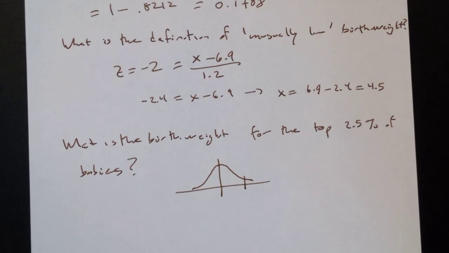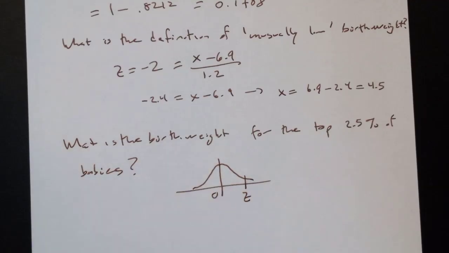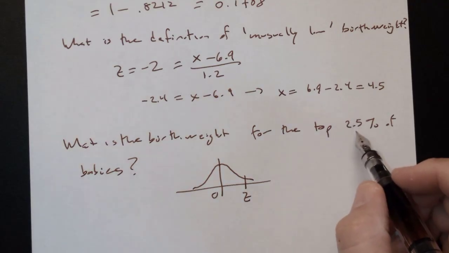I want to find a top number. I'm going to look to something on the right. But I don't know the z-score. What's this, if it's not a z?